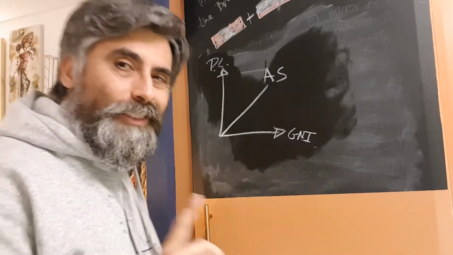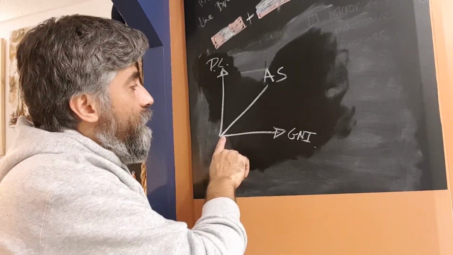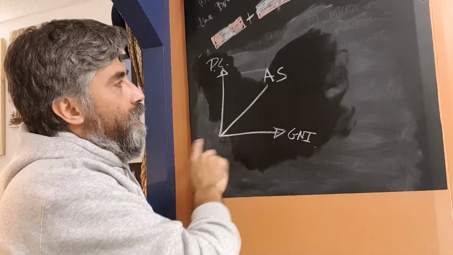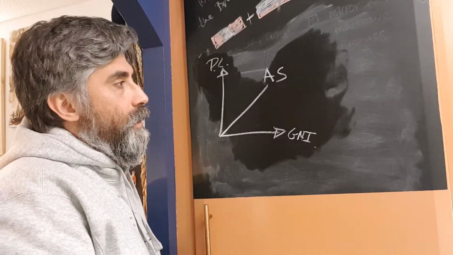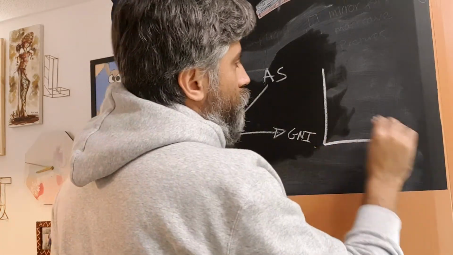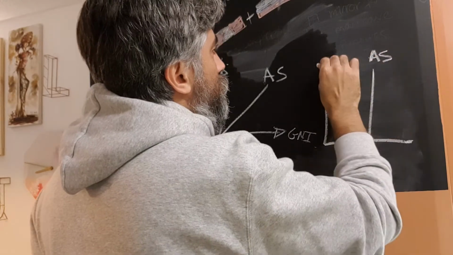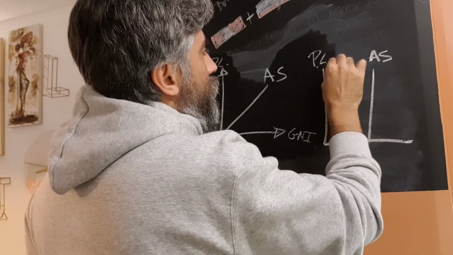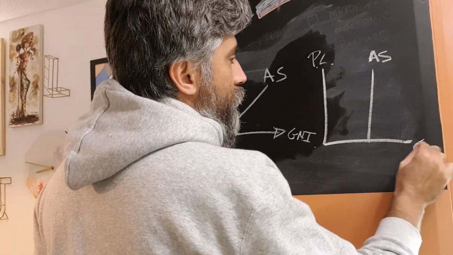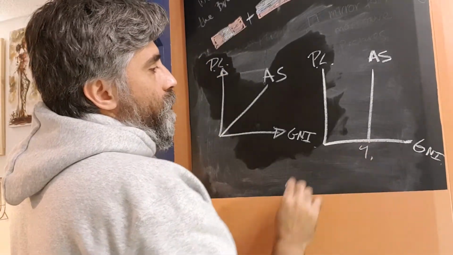Now, when looking at the short run of the aggregate supply curve, we see the upward sloping aggregate supply curve. However, in the long run, it's a little bit different. Price level here, and again, let's put GNI here, and that'll be our Y1.